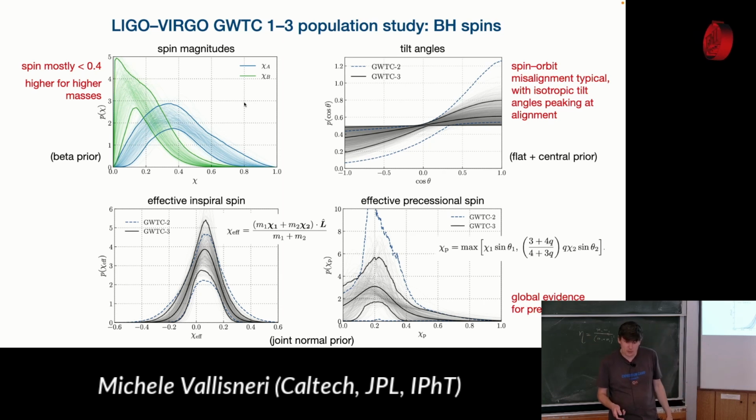Perhaps not surprising. Tilt angles are interesting. This is what kind of misalignment you have between the black hole spins and the orbital angular momentum. It was thought that in field binaries, you generally have spins that are aligned by tidal forces with the orbital angular momentum of the binary.